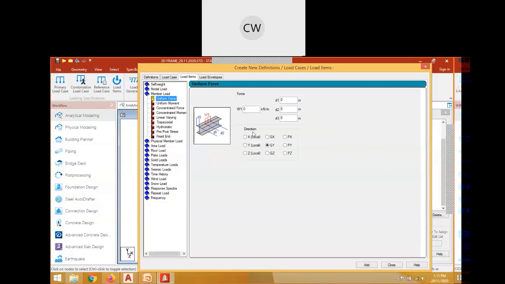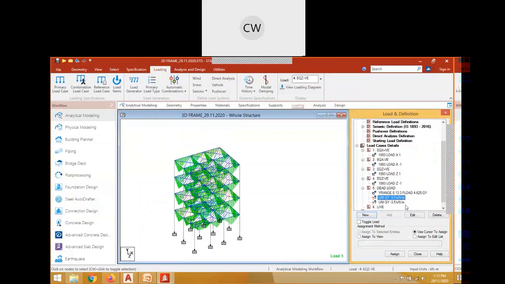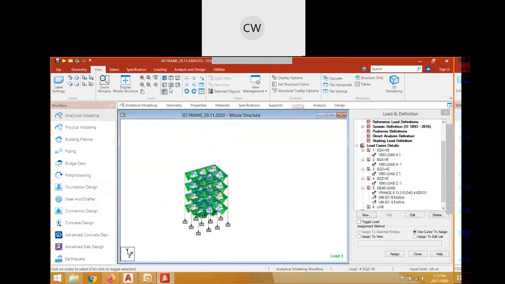Okay, so here it is a uniform load in kilonewton per meter. So I think it is 9.5. So just say it is in global Y direction, so it is minus 9.5. Okay, say add. And another is the parapet load, it is minus 3.5, say. Right, so this is for parapet. Okay, so these two loads are not assigned yet, so I need to assign them.